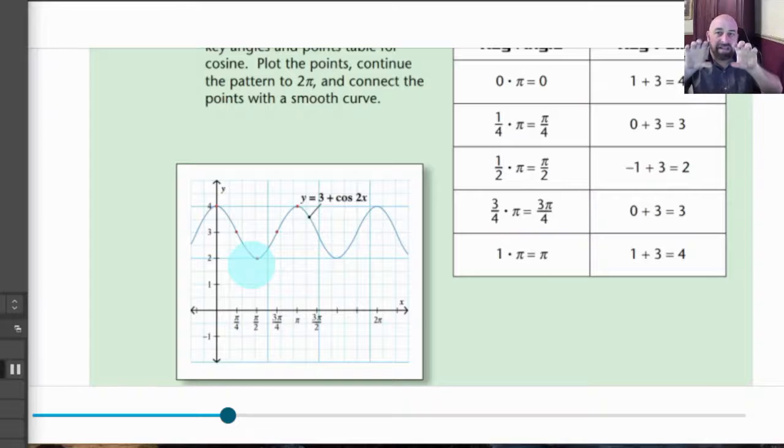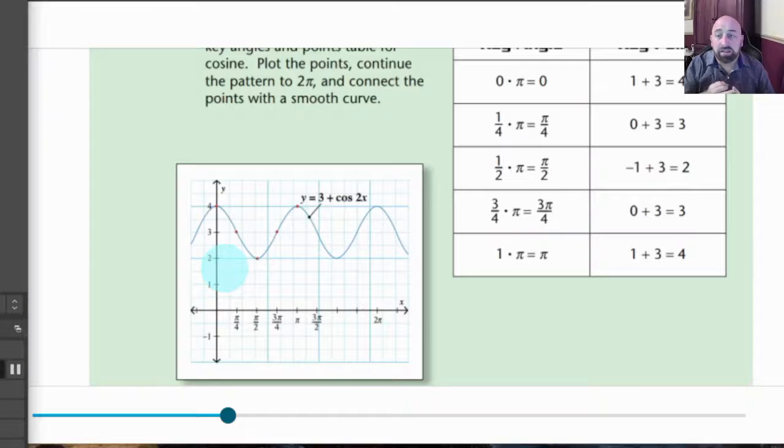The graph stays stationary. Now, can you have an A, a B, a K, and an H in the same problem? Yes, you can. It can be doing all kinds of different things: stretching, compressing, translating up, translating over. It can be doing all those things at the same time. But you have to understand what each thing is doing.